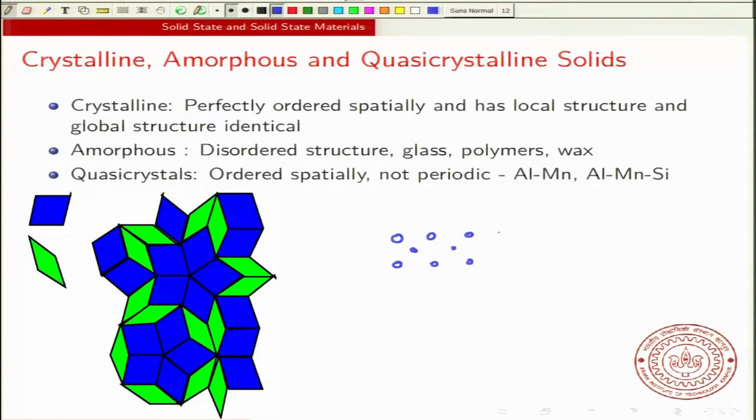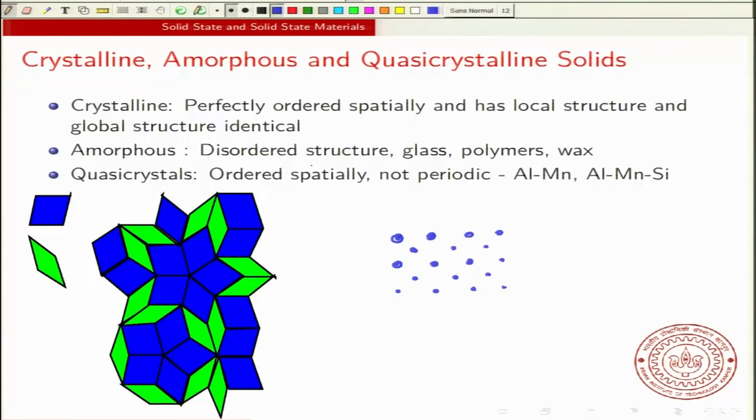I am showing it in 2 dimensions, but you would have a perfect arrangement of constituent atoms or molecules in a crystal. That is what a crystalline solid will look like. Everything is perfectly arranged. I am just showing one example here of a centered square lattice. This is in 2 dimensions, but we will see a lot more about crystals later.